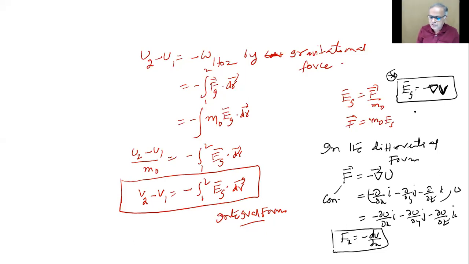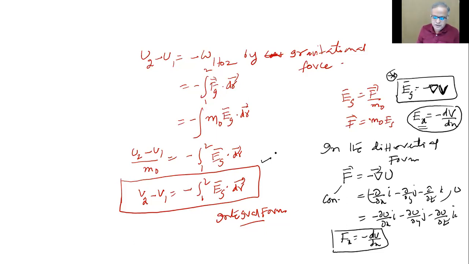If there is gravitational field strength only in x direction, Ex equals simply minus dV by dx. The rate at which potential falls is what we call field strength. Here, this is the integral form, this is the differential form.